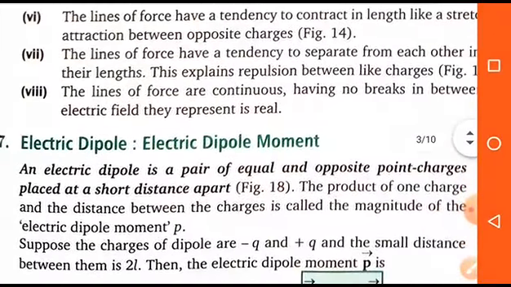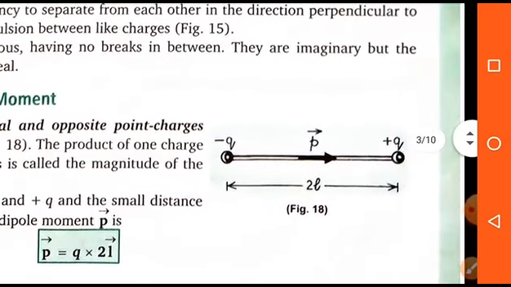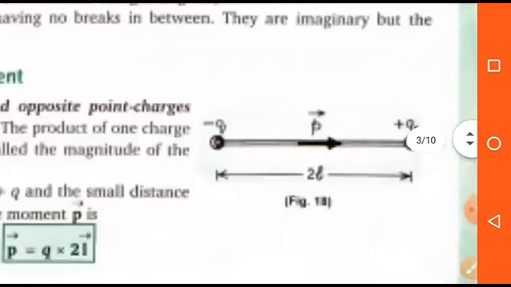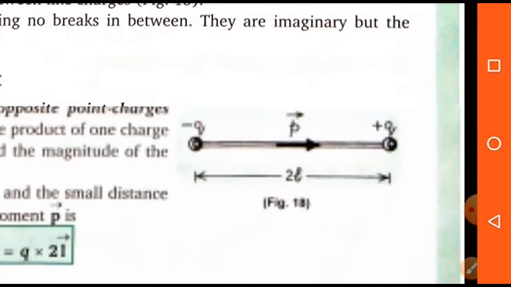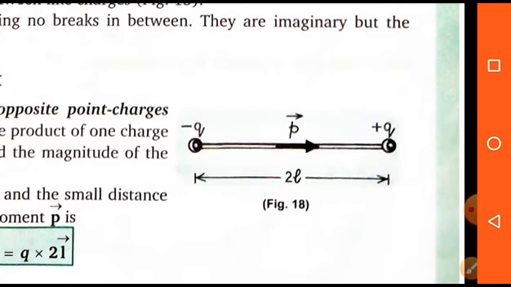Now the next topic is electric dipole. If we take two charges at a small distance, their magnitudes are equal but their signs are opposite. That means one is positive and the second is negative. Then this construction is known as an electric dipole.